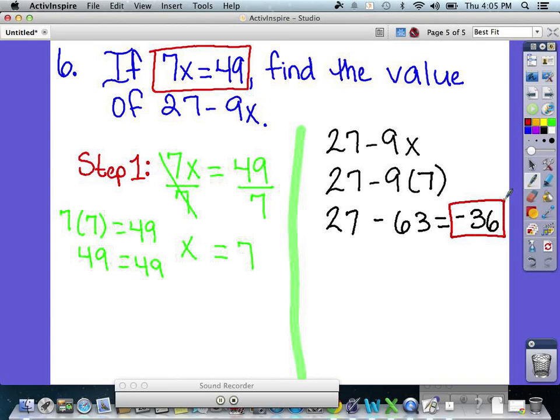The next problem that we will be working out will be number 8. Number 8 says, Ms. Godfrey sells cakes to make extra money.